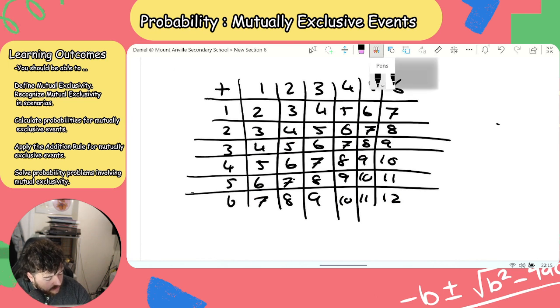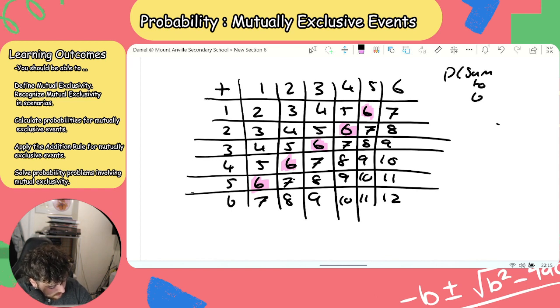Right. So 1 plus 5, 2 plus 4, 3 plus 3, 4 plus 2, 5 plus 1. So the probability of getting a sum of 6 is equal to 5 over 36 possible outcomes.